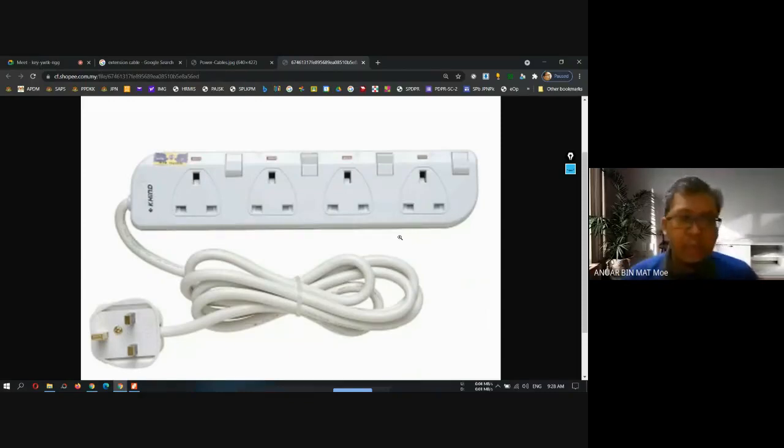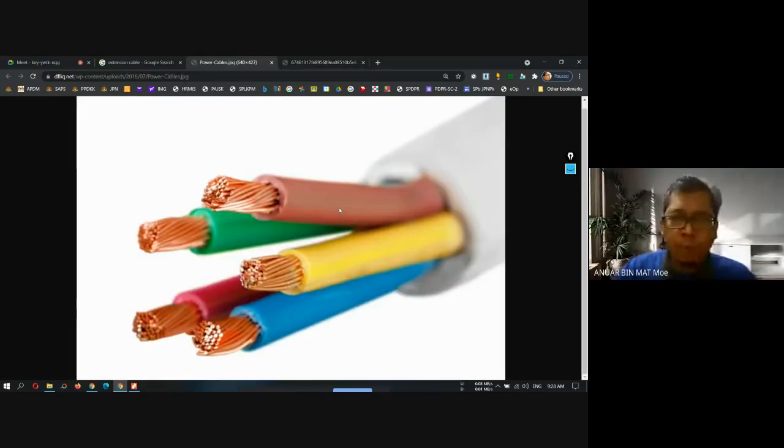Sometimes some brands are very cheap, and some are very expensive. Why? Because of the material they use. If they use pure copper, it will be a bit expensive, but the quality is good because more current can flow through the copper.